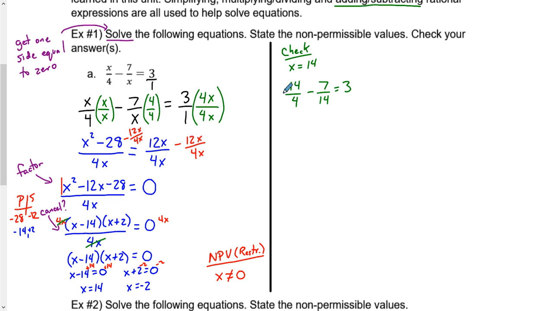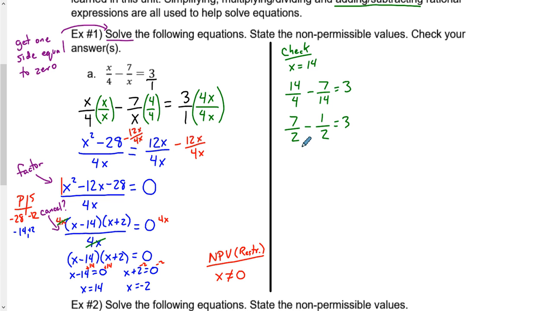The beautiful bit with this one is that if we reduce this to be a 7 over 2, subtracting a 1 over 2, because 14 and 4 are both divisible by 2, 14 divided by 2 is 7, 4 divided by 2 is 2, 7 and 14 are both divisible by 7, 7 divided by 7 is 1, 14 divided by 7 is 2.